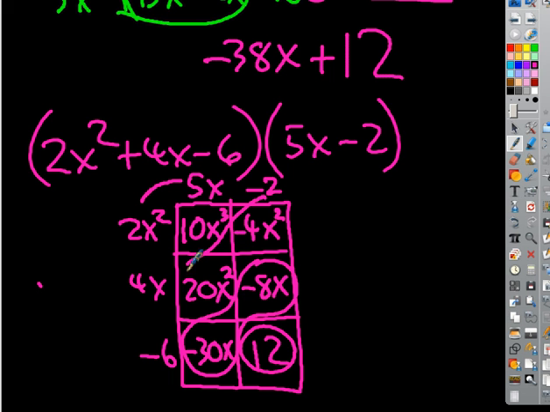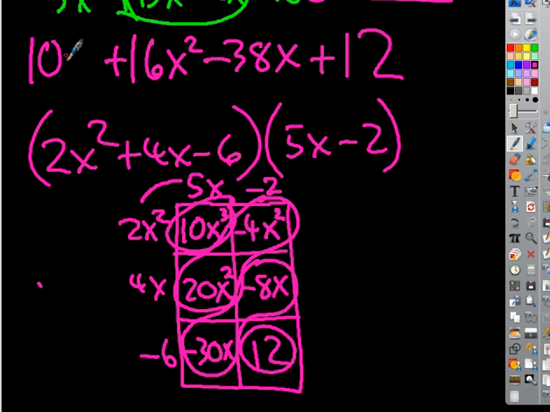Then I've got my squared terms, aligned diagonally. 20x squared minus 4x squared is 16x squared, and it's plus. And then I've got my cubed term, which is 10x cubed. Okay, so 10x cubed plus 16x squared minus 38x plus 12.